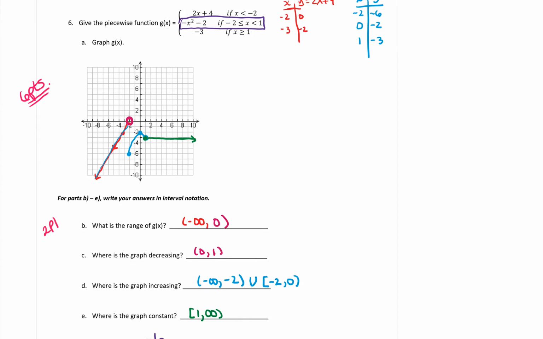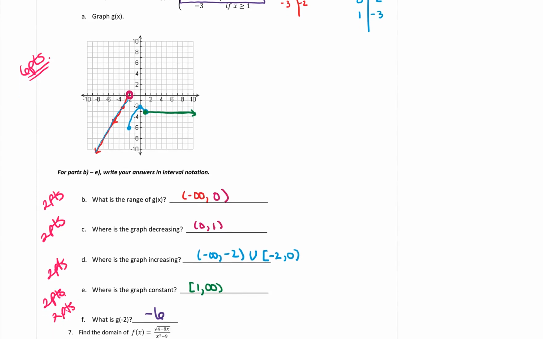So B is 2 points, C is worth 2 points, D is worth 2 points, E is worth 2 points, etc. And so we have 2, 4, 6, 8, 10. We have 16 points for 6. So go through and score each piece and then put your grade there.